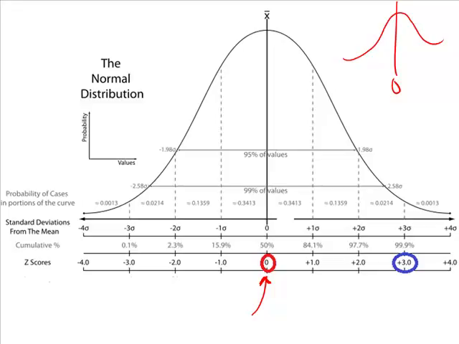It's set to be the most frequent observed number. And as we go out in a positive and a negative direction, we're going to go out to about -4 to +4.